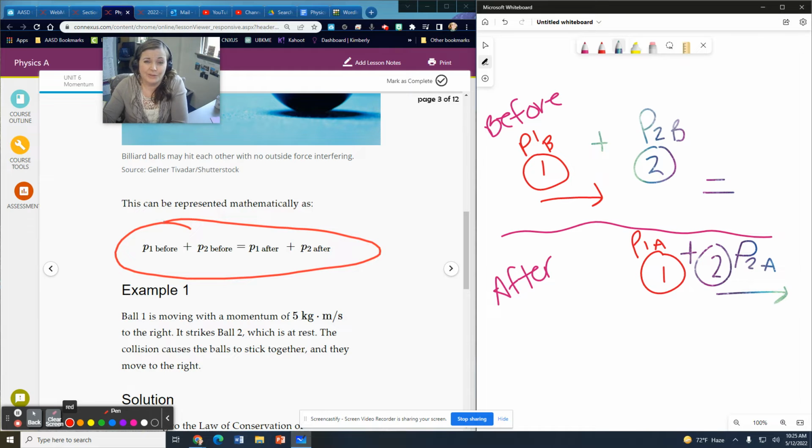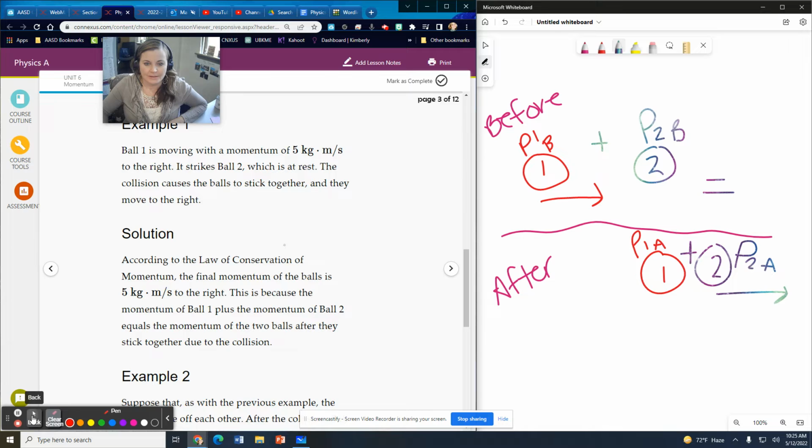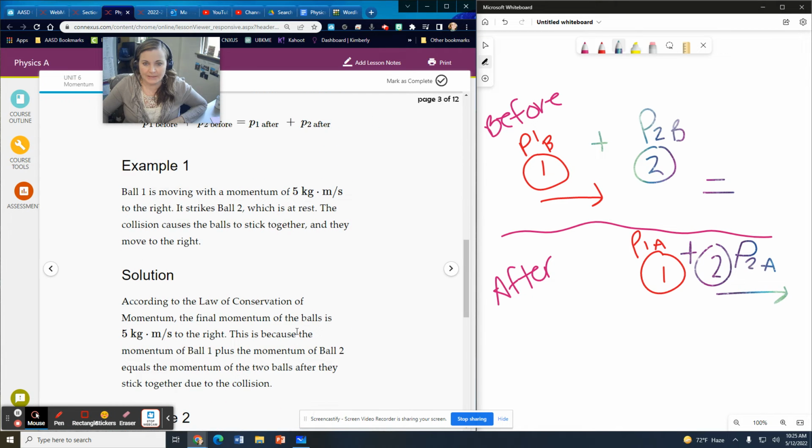So again, individually, the balls are going to change. As we said, the first billiard ball is moving and the second one was stationary. And then when they hit, the first one is stationary and the second one's moving. They're flip-flopping in here. But if you add them up together beforehand and after, they're going to be the same. So let's see here. Let's give an example.